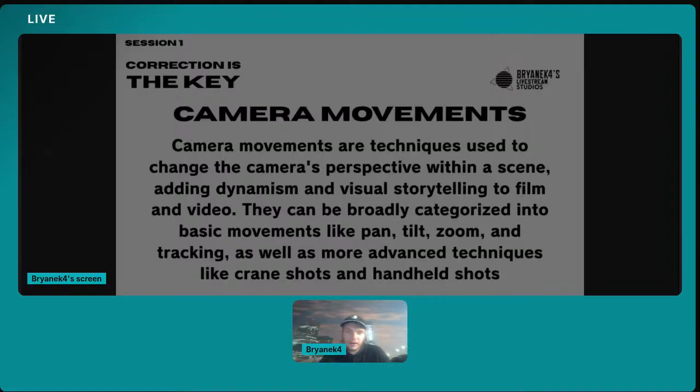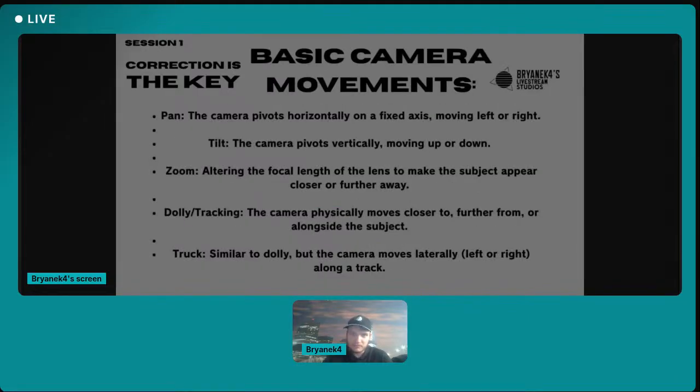So, starting with the basic camera movements for the starters. We have a pan. The camera pivots horizontally on a fixed axis, moving left or right. So let's say you want to move it to the left 20 degrees.